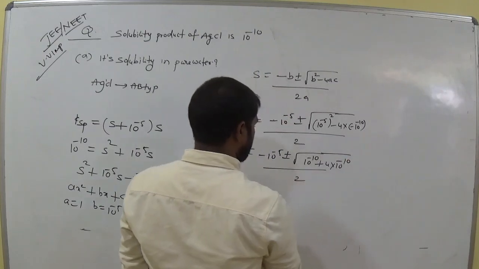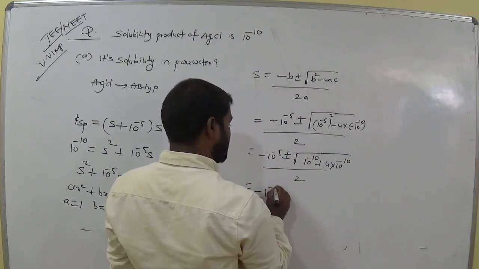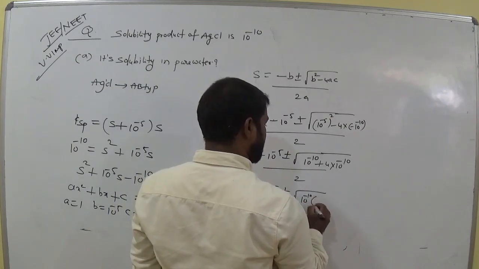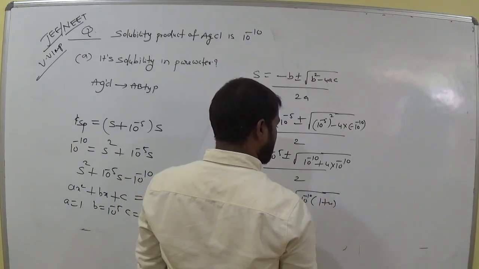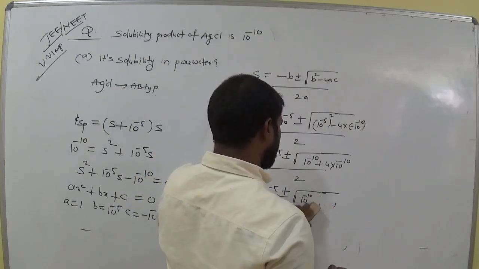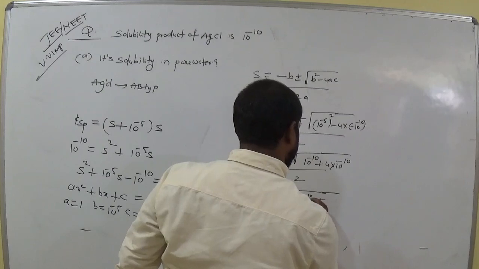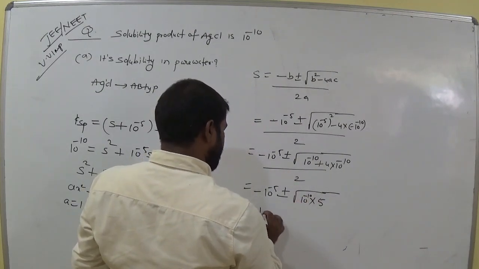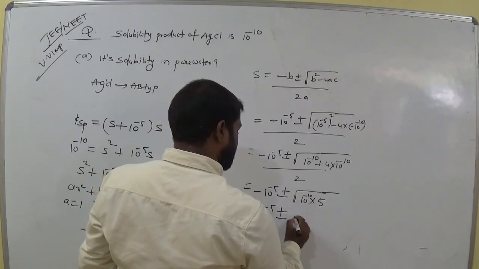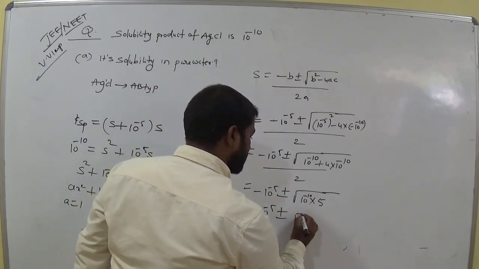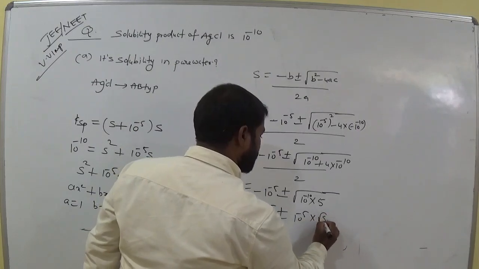By 2, clear. So from this, 10 power minus 5 plus or minus, take the common 10 power minus 10 out. Now 1 plus 4, how much is it? 5, clearly. The root of 10 power minus 10 means 10 power minus 5 into root 5, am I right?